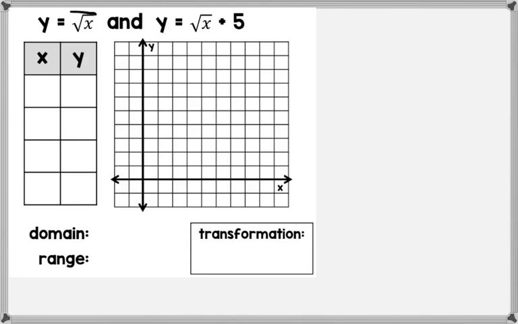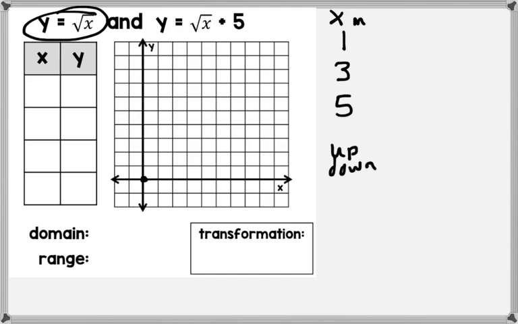So let's start off with graphing the parent function, which is y equals the square root of x. The parent function is going to start at the origin, and we're going to follow that 1, 3, 5 pattern. This is, again, the x movement. And so the y is always going to step up or down 1.